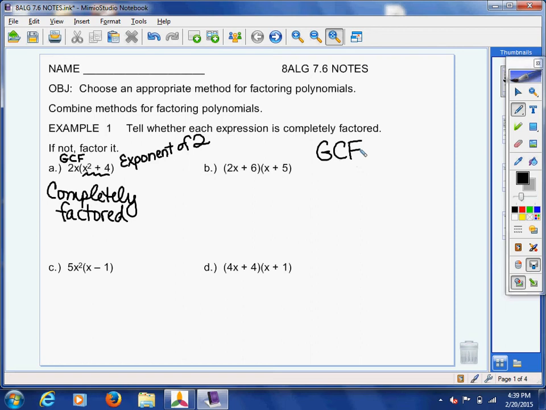So let's look at this first quantity. I have a 2 and I have a 6. Is there a number that's the GCF, greatest common factor, of 2 and 6? Well, yes, there is. So that's what we're looking for in these quantities: is there a GCF? And there is one. We need to pull that out.